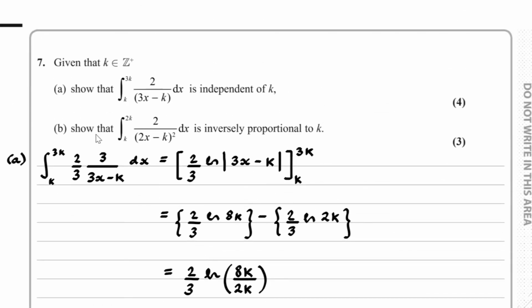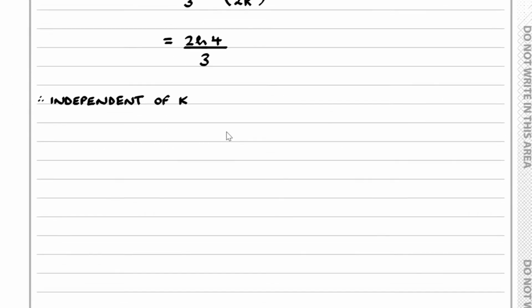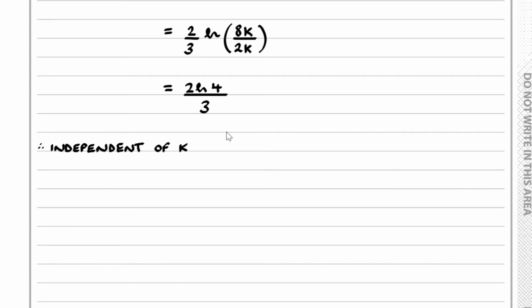Then for part B, we have to show that the integral of 2 over (2x minus k) all squared between k and 2k with respect to x is inversely proportional to k. Well, for part B, I'm going to rewrite the integral as the integral from k to 2k of 2 multiplied by (2x minus k) to the power of minus 2 with respect to x.